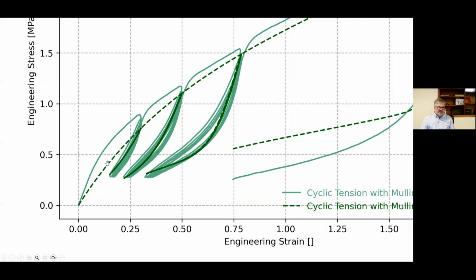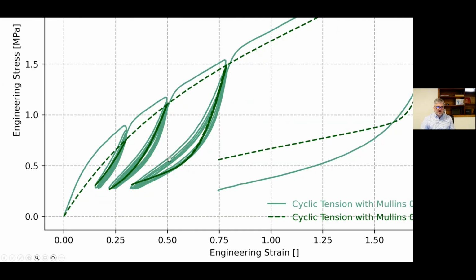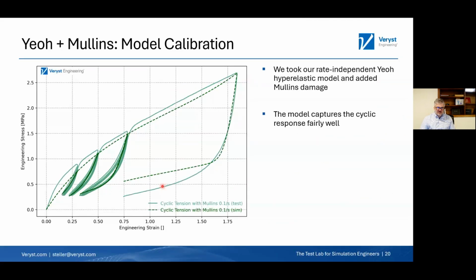And I'm not just following the path that I loaded to. And you see that kind of happens on each one as I come here to this third one, and even up here to 175% strain, I'm capturing that significantly better. So I've made a lot of progress with capturing that, and we can get this response a lot better.